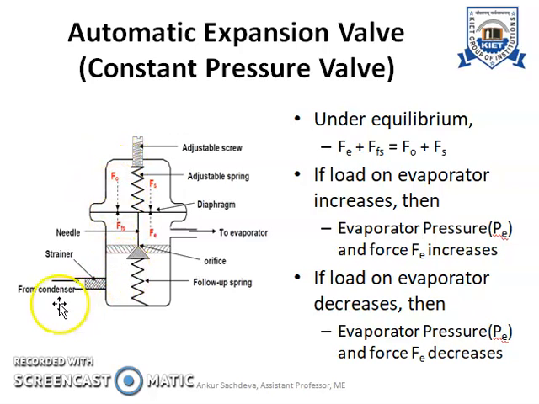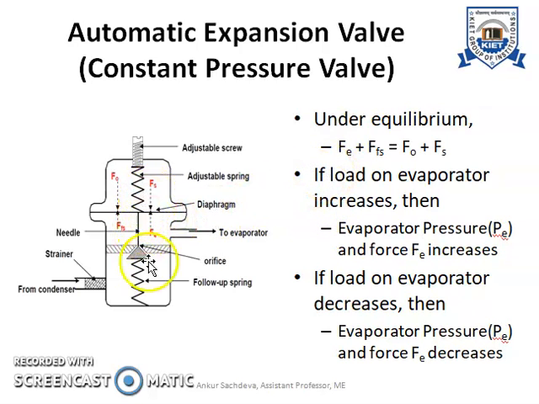In this diagram also, the refrigerant comes from the left-hand side, and according to the opening provided at the valve, the refrigerant undergoes the pressure drop and then passes to the evaporator.